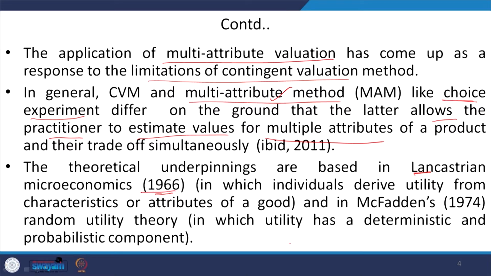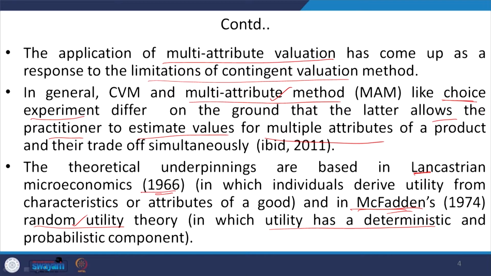And moreover, this multiple attribute valuation has also taken its theoretical backbone from the random utility theories, and McFadden got the Nobel because of his explanations under this random utility theory. In random utility theory, we are saying the utility has a deterministic and a probabilistic component.